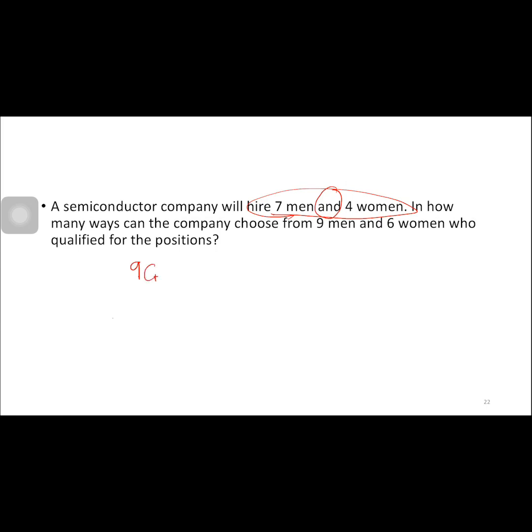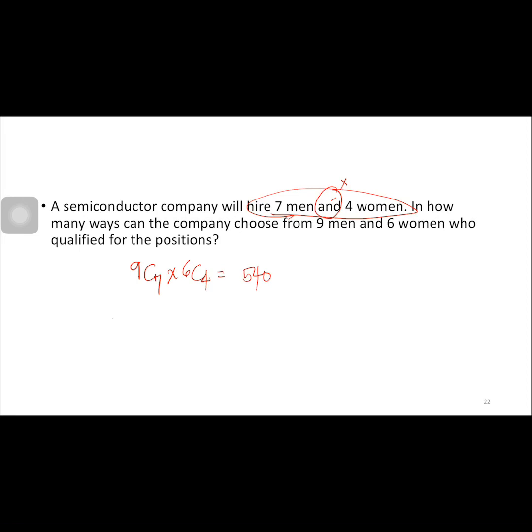So 9C7 times, since this is "and", we use the multiplication rule of counting, 6C4, for 6 women of whom we need only 4. That is equal to 540.